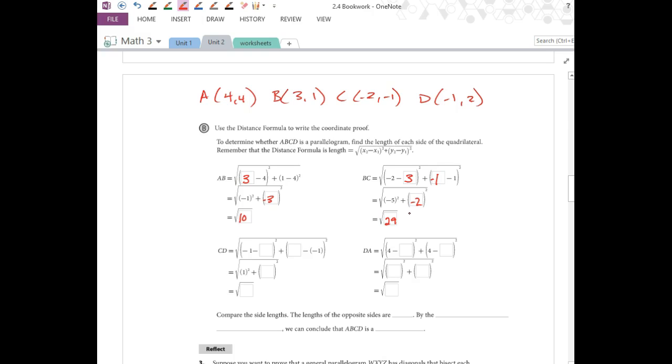Okay, from C to D. So C to D, find the 2 points. So we got -1 minus -2, the x's. And then what minus -1? 2. So you're looking at the dy.